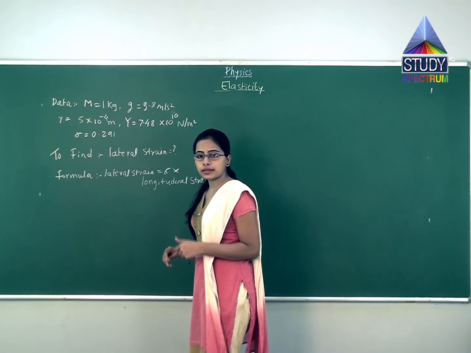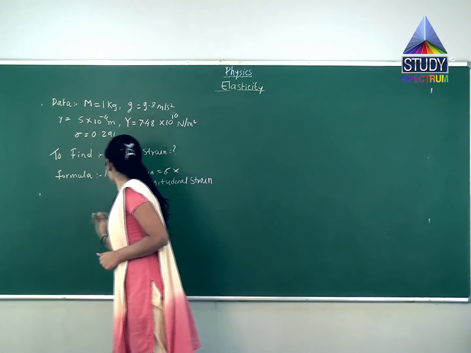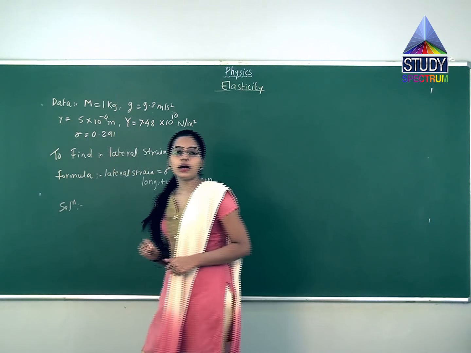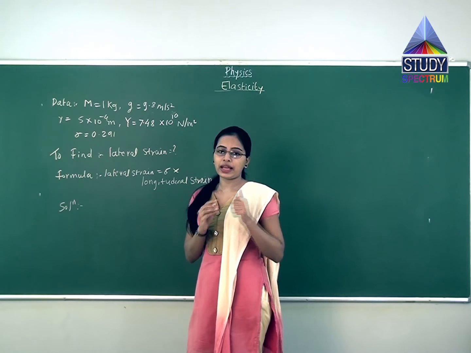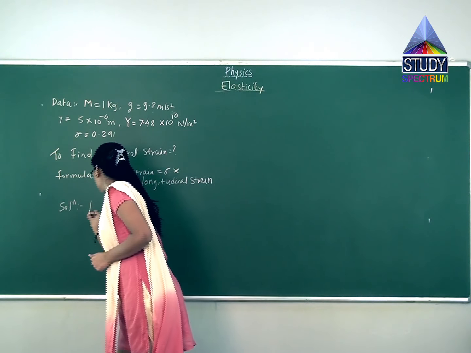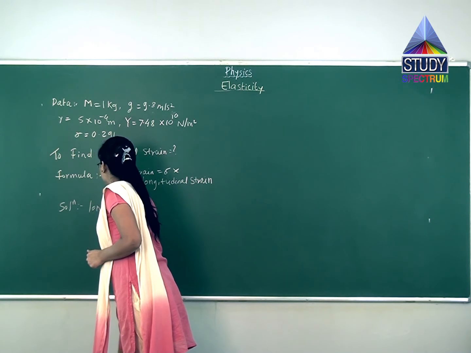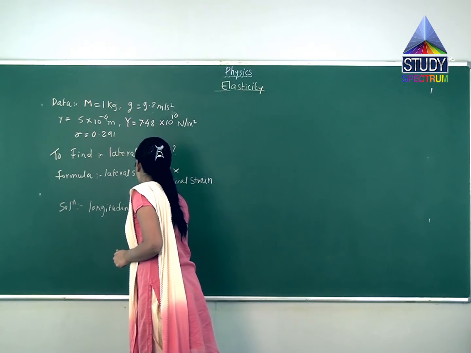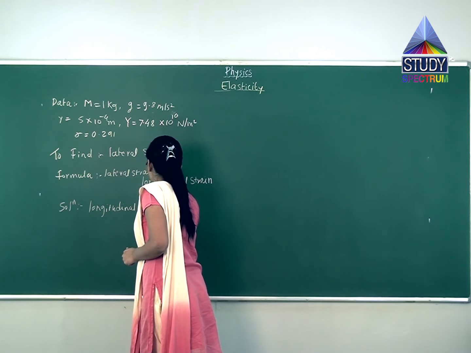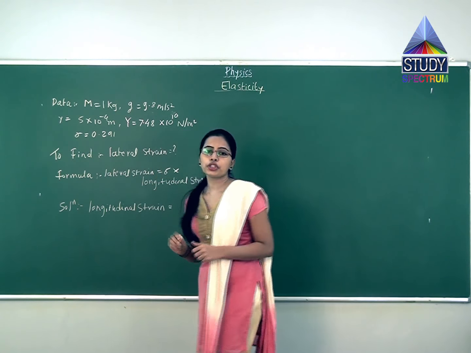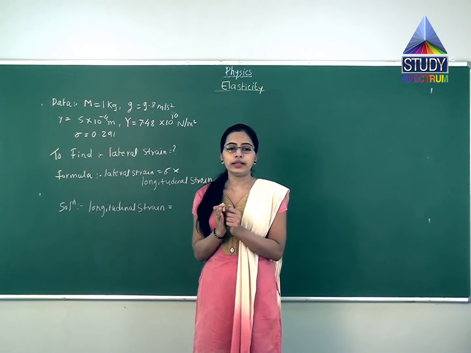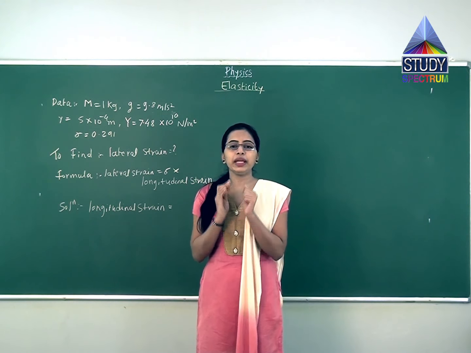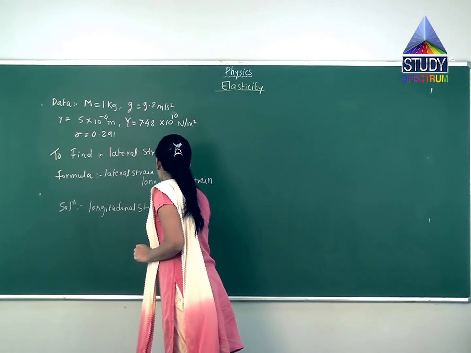Now let us have a look how to solve this. So solution. Now longitudinal strain we have to calculate here. Longitudinal strain, if we are considering Young's modulus here, it will be F upon AY.